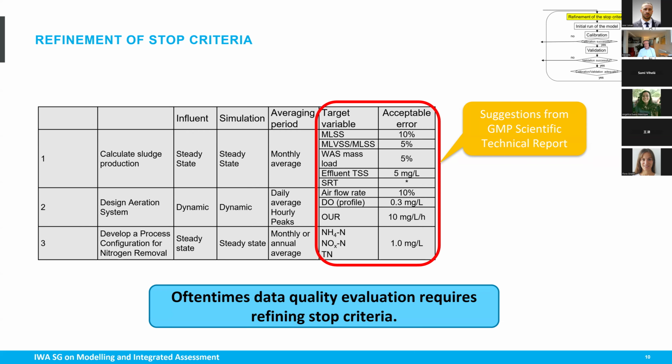I'm not saying you have to apply exactly these numbers, but I believe we have put a lot of effort in so that you can use that as a good starting point. So don't switch off your brain: think about the data quality you have, think about your objectives, and then set realistic stop criteria for your target variables.